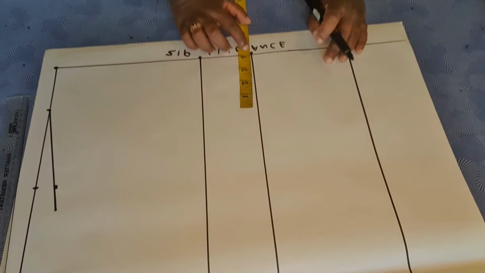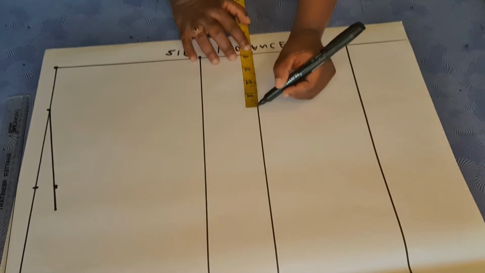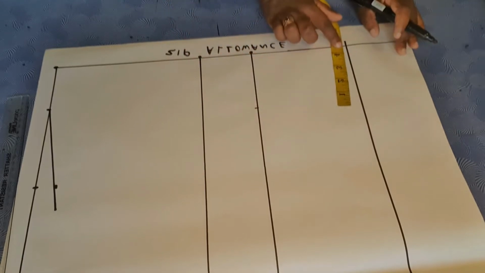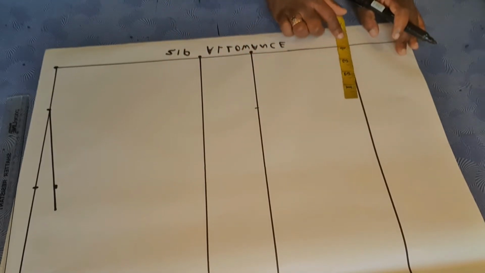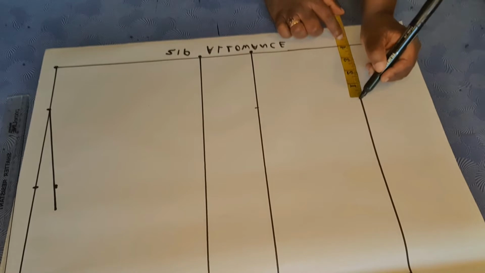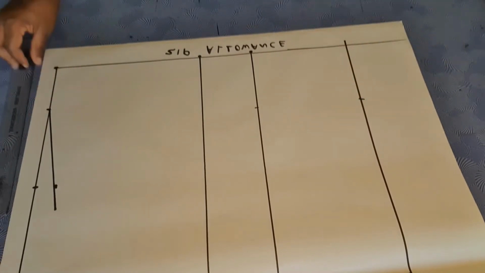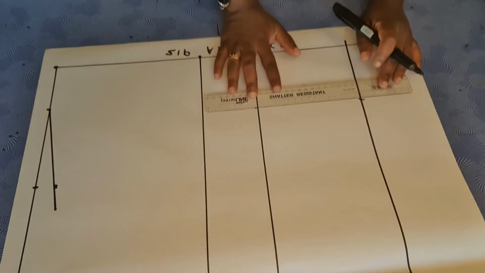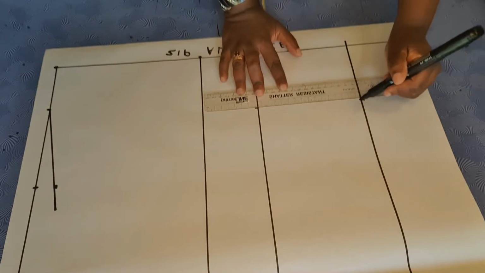I'm going to use 4 inches. You mark it on the bust line, you mark it on the waistline. You're going to connect these 2 points like this.